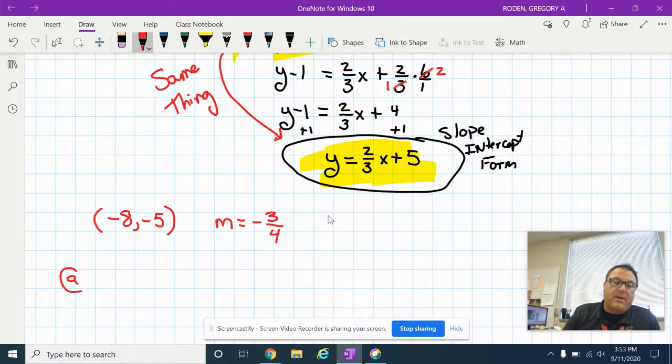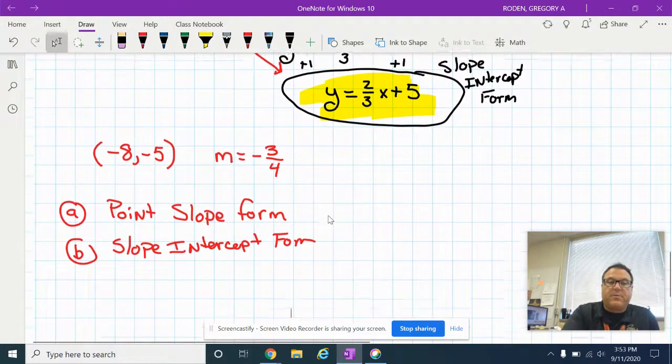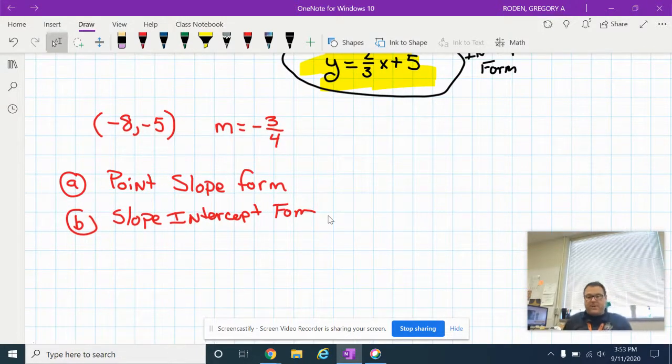Part A, I want you to write an equation in point slope form. And then in part B, I want you to write it in slope intercept form. And so let's go ahead and do that really quick and see what we get.